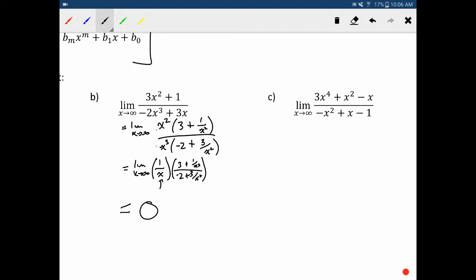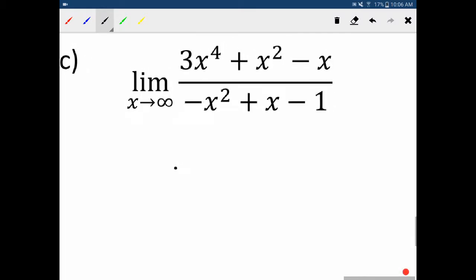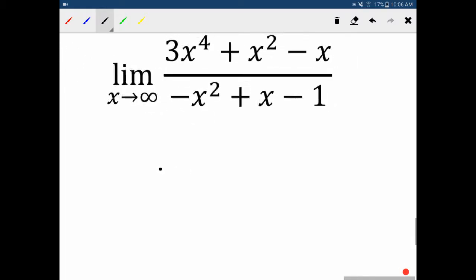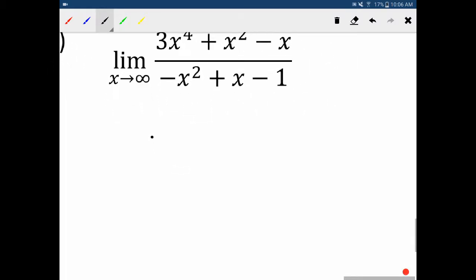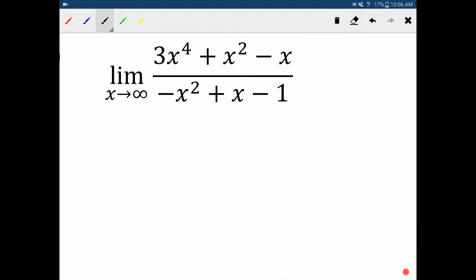Okay? And finally, this one is a little bit more challenging. Not really. Okay, this one, limit as x approaches infinity. Again, we take the biggest one, which is the x to the 4. So we'll say x to the 4.